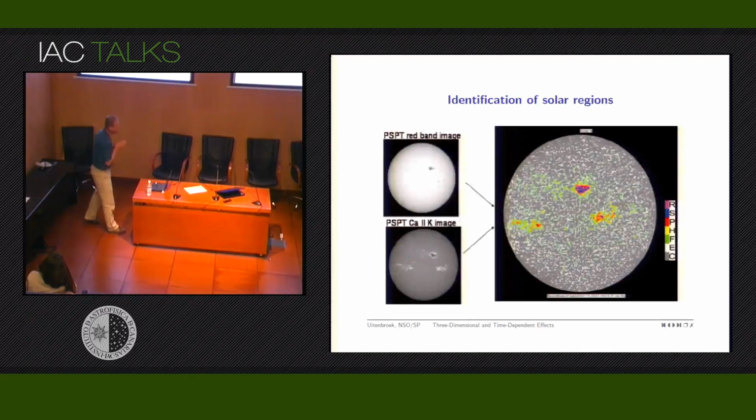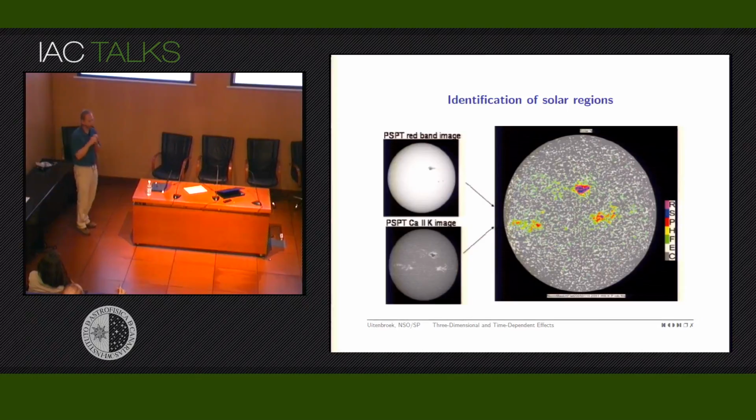Now, how is this used in irradiance modeling? The way it works is the following. You take a full disk image of the solar disk in a certain band, or maybe in certain wavelength bands, and you try to assign different components to this image.